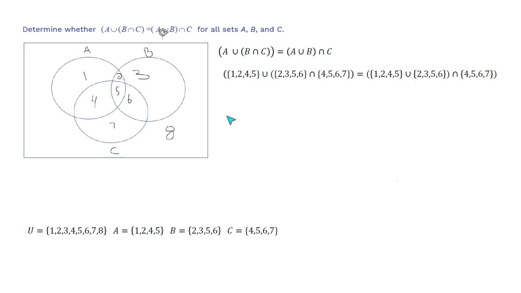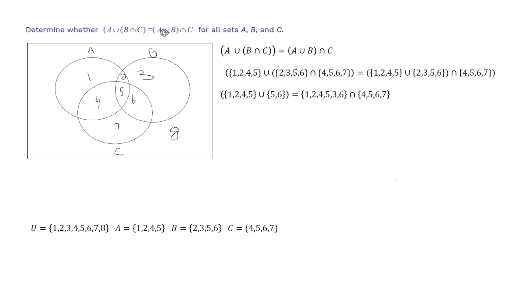Okay. So now we can work with the parentheses. First we're going to take care of this and this. Okay. So if we look at 2, 3, 5, 6 intersected with 4, 5, 6, 7, they want to know what do they have in common.